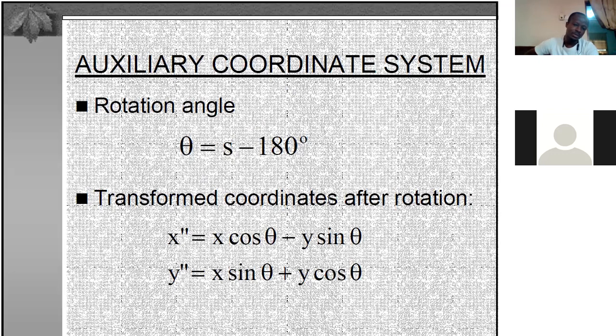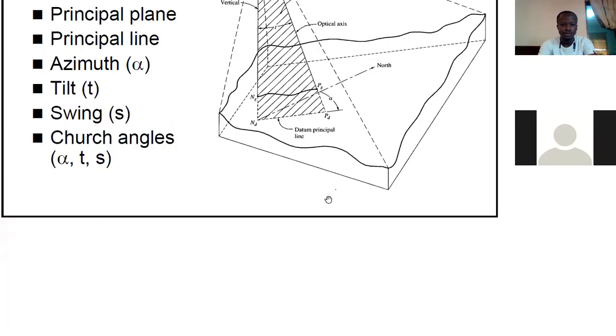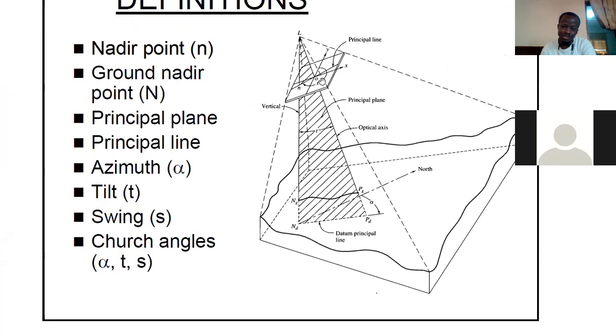Okay, so rotation angle theta is related to S, the swing. Remember we talked about swing, tilt, azimuth. Let's go back and look at the tilt from the bigger diagram and the swing. Swing is S. So I think I didn't really touch on that. S is this angle. Okay, let me move it.